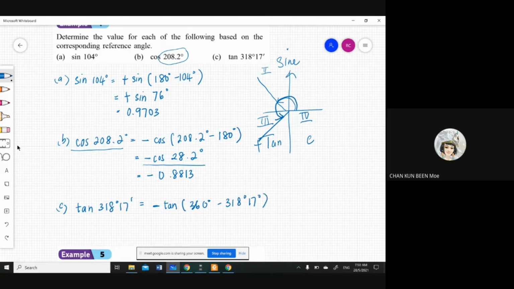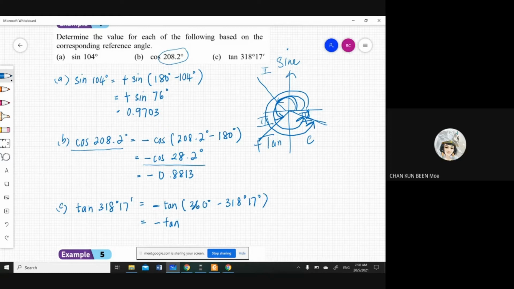Are you okay? Are you familiar with all the minus here now? Yes, because the alpha is over here. So in order for us to get it, you have to use 360 minus this one. After we deduct it, we will get negative tan of 360 minus 318 degree, 17 minutes.